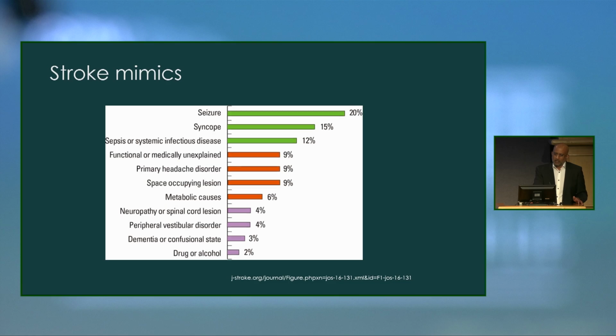When we look at various stroke mimics, we see that seizures account for most of the presentations to the ED as a mimic or masquerader of stroke. This is followed by syncope, functional neurological disorders, and primarily headache disorders, migraine, aura.